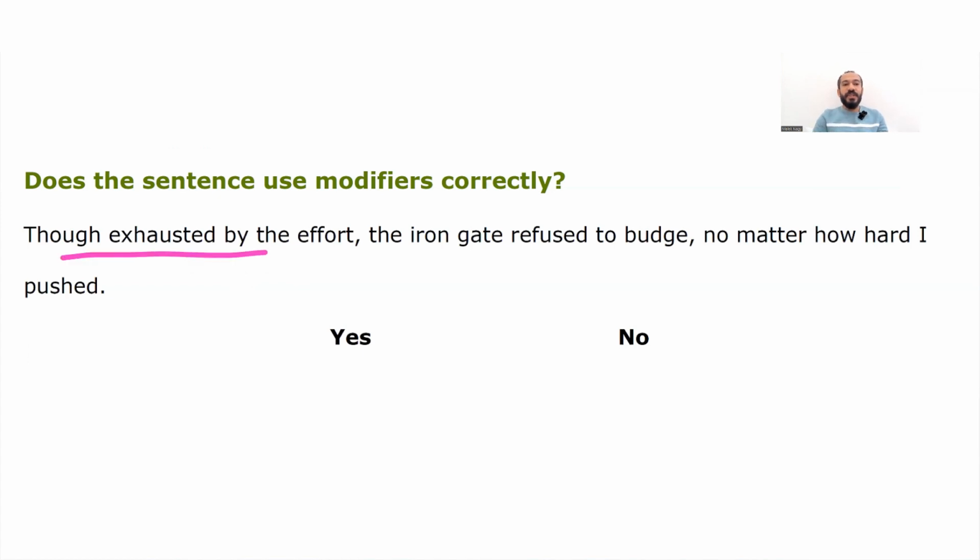Now, who was exhausted by the effort? The sentence suggests that I was trying to push the gate open, but it didn't work. You think the gate was exhausted by the effort, or I was? Obviously I. So why would you place the modifier next to the gate instead of next to I? The sentence is not using the modifier correctly here.